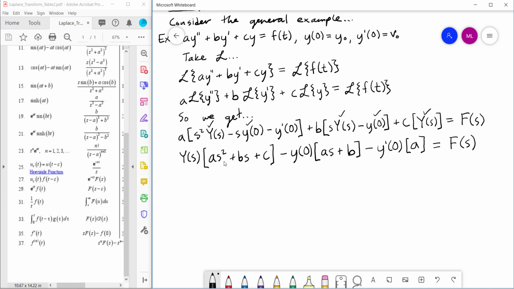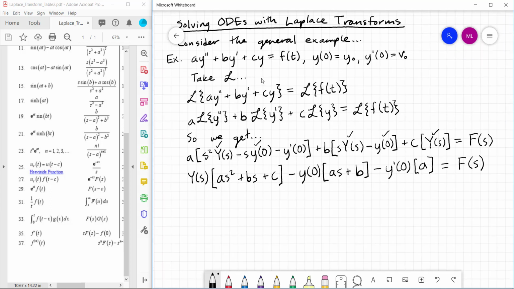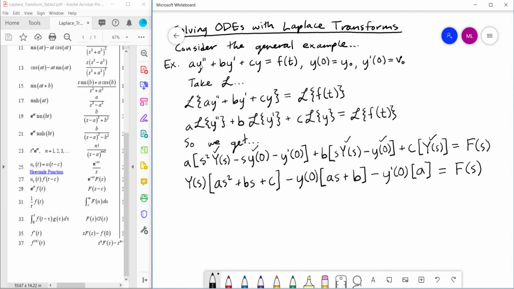Our goal is going to be to solve for this capital Y of s. The reason that we want to solve for capital Y of s is because in the original differential equation, we want to solve for lowercase y. If this was a differential equation that was given to you, the goal is to solve for y. In the equivalent Laplace transformed version, capital Y of s is the equivalent of our lowercase y.